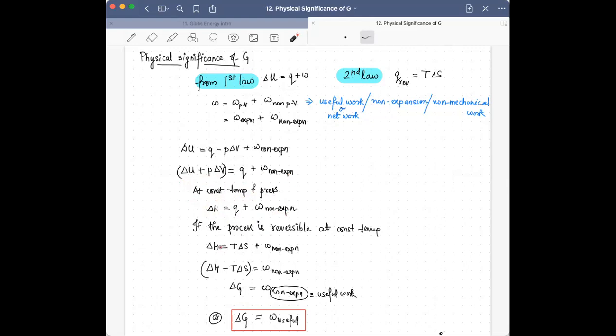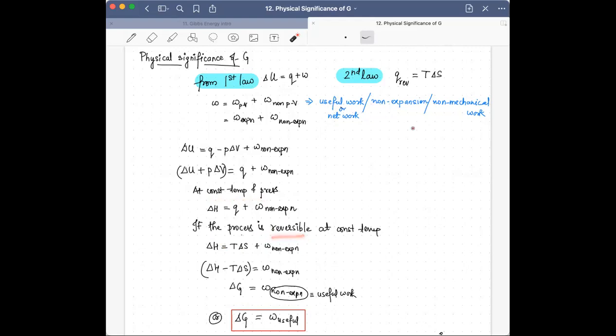Now, suppose this particular process at constant temperature and pressure is a reversible process.